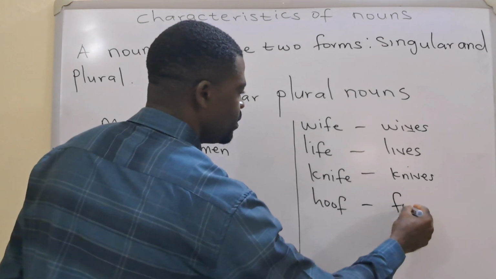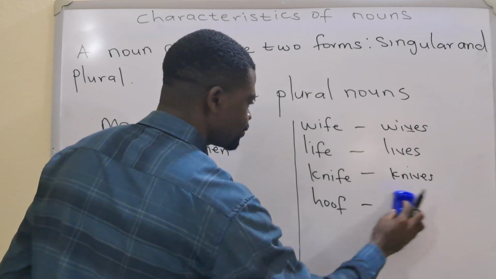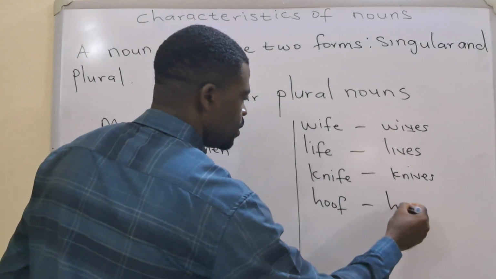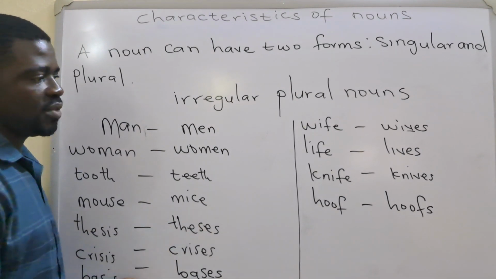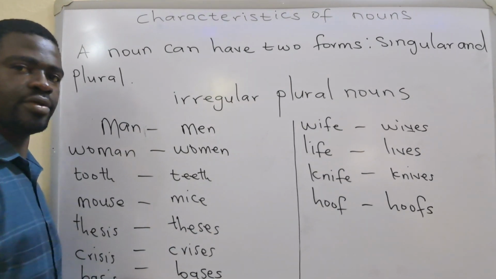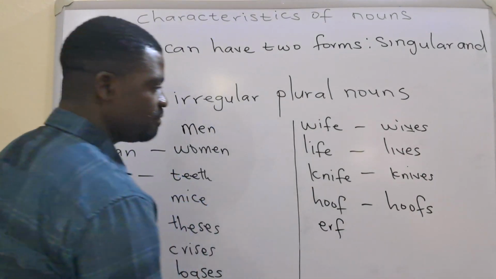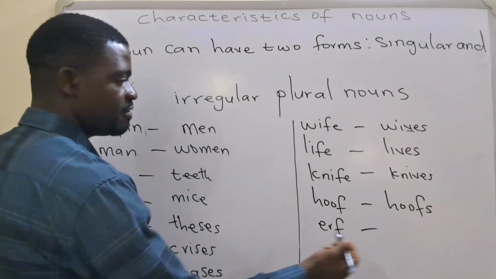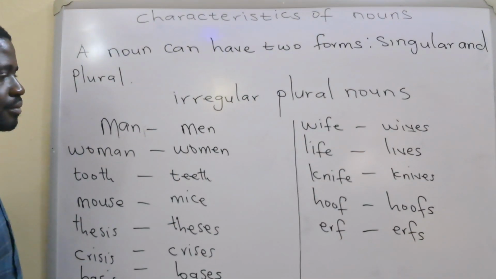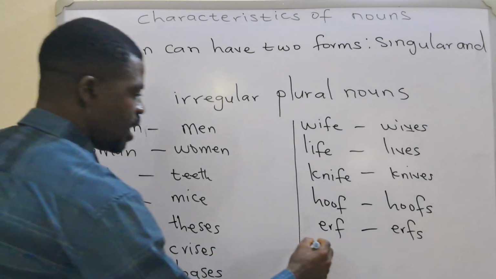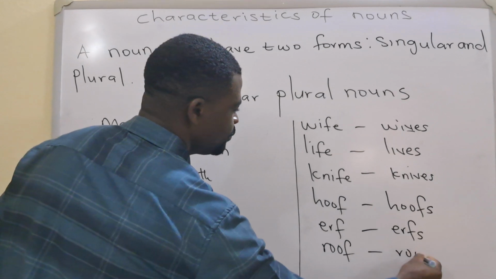The plural is, sorry, you just add your S to your F and you have your hooves. How about roof? Roofs.